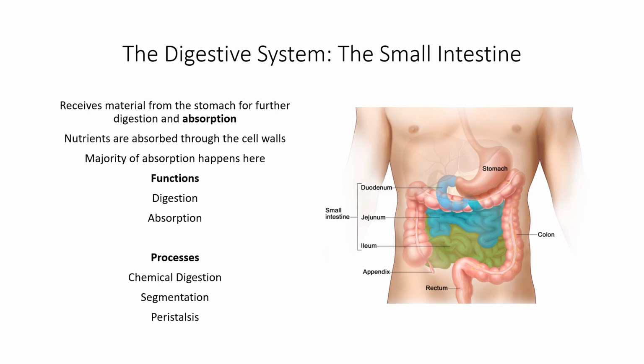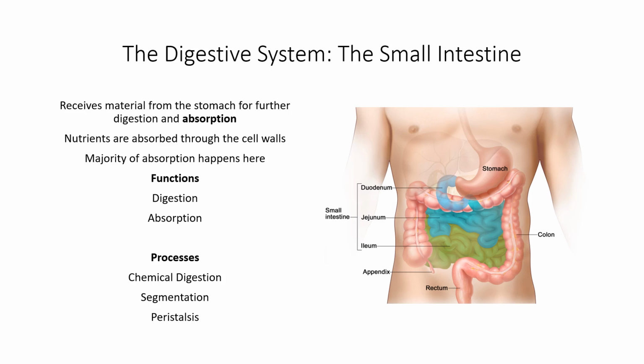So the two main functions here are digestion and absorption, and the small intestine is broken down into three parts. You've got the duodenum, the jejunum, and the ileum. The duodenum is where more digestion happens, the jejunum is where the majority of absorption happens, and in the ileum, any nutrients that haven't been absorbed in the jejunum are further broken down so they can be absorbed before they are processed by the large intestines.